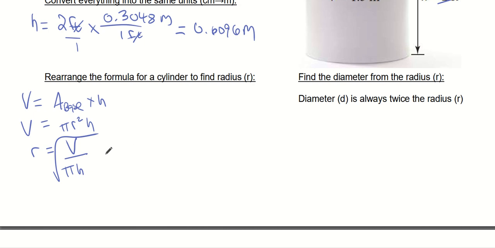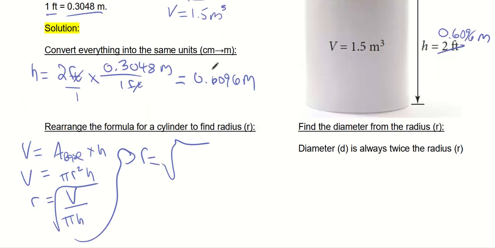Okay, let's drop those numbers in. I'm going to move up right over here. And I'll say R equals the root. The volume is already given to us. It is back over here, 1.5, and that's meters cubed, over pi. Pi is, I'll put some brackets, 3.14.